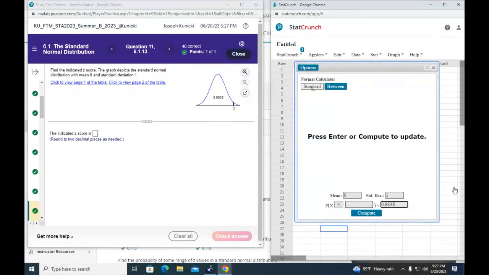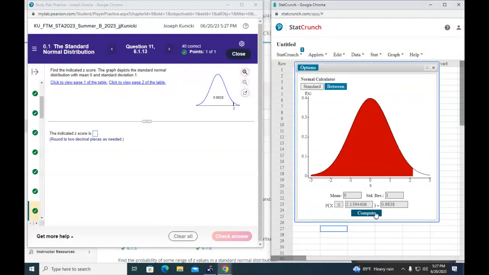Now instead of putting in the z value, I'm putting in the probability. When I hit compute, it gives me the z, and I get the same picture. So that area matches that area, and so the z that we want, to 2 decimal places, is 2.14.